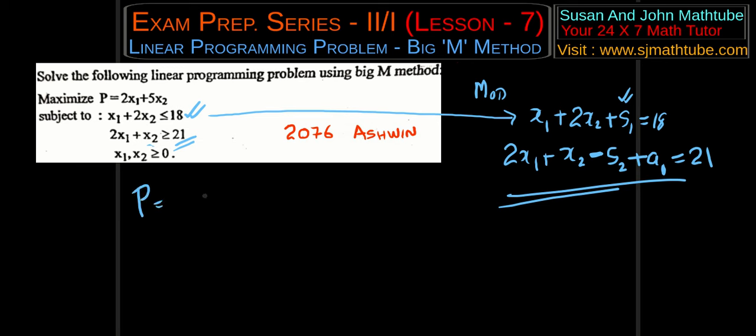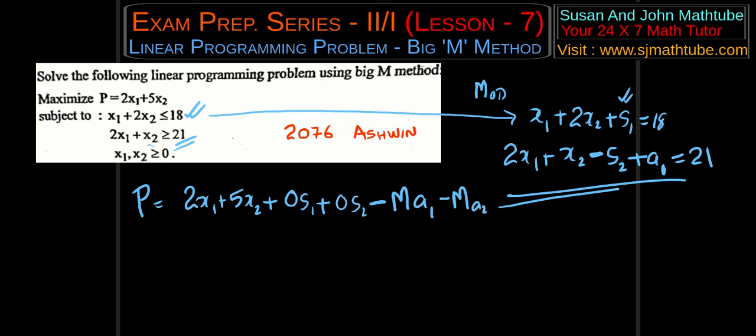P is equal to 2x1 plus 5x2, and the cost of the slack and surplus variables, as before, are 0. But it's a maximization problem, so I'm going to add minus MA1. In case you used two artificial variables, let's say A1 and A2, your answer will be minus MA1 minus MA2.